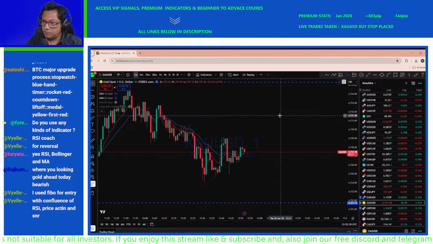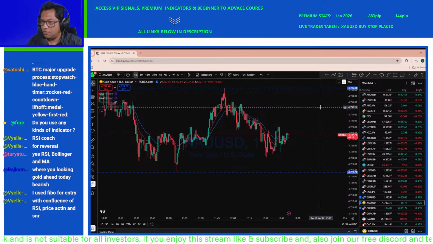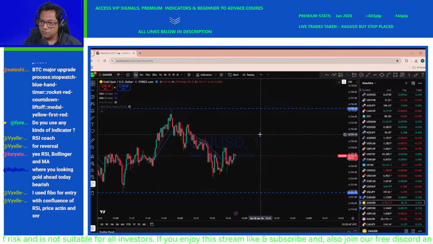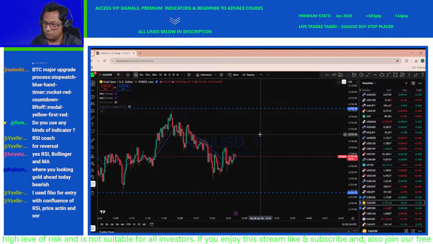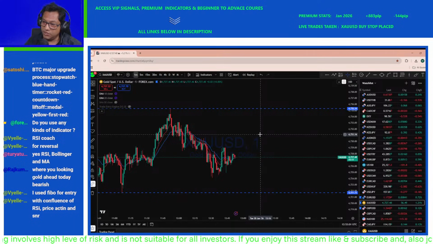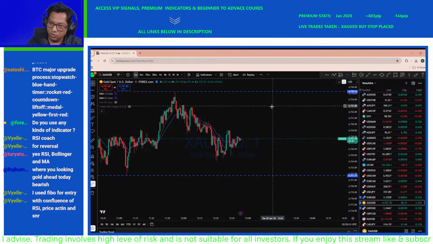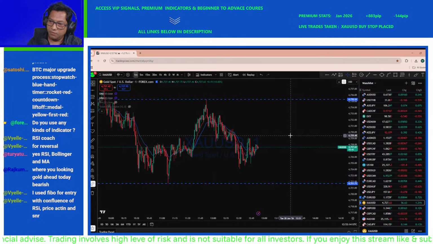There's a little drop in volume, which is basically a potential preparation for the session open. And with the session open, if the market suddenly drops back down here, we will be looking at a bullish entry.